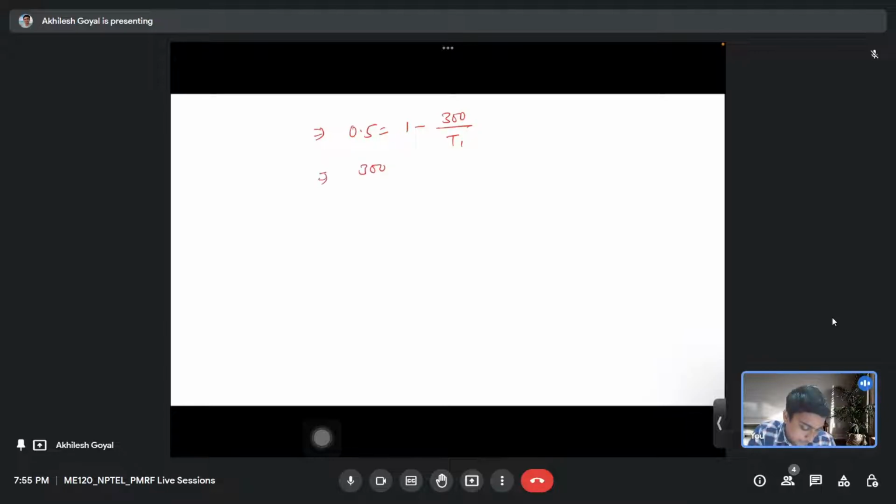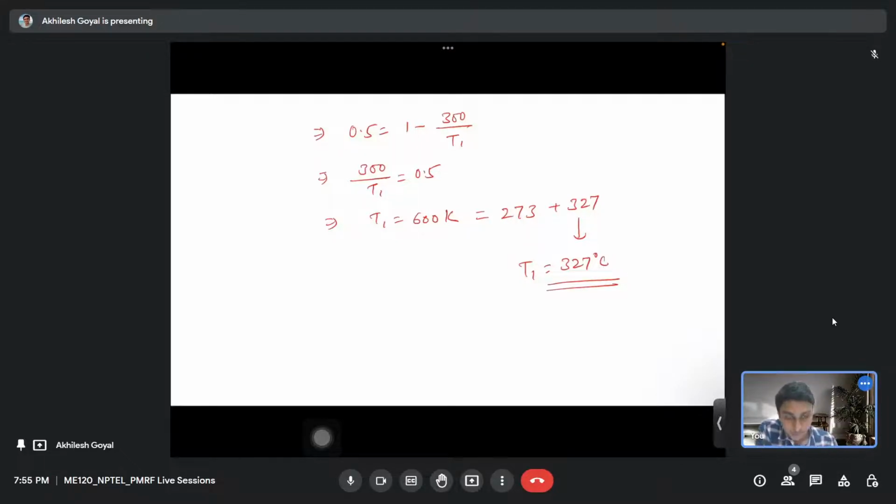So 300 by T1 is equal to 0.5. Solving it, T1 is equal to 600 Kelvin. So 600 Kelvin is equal to 273 plus 327, so 327 degree centigrade, that is the temperature of the source.